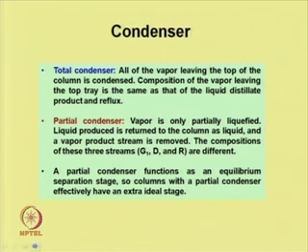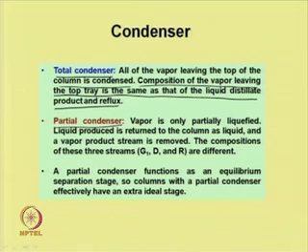Now, the condensers which we use for the distillation column are of 2 kinds. One is the total condenser and another is the partial condenser. In a total condenser, all of the vapor leaving the top of the column is condensed. The composition of the vapor leaving the top tray is the same as that of the liquid distillate product and the reflux.